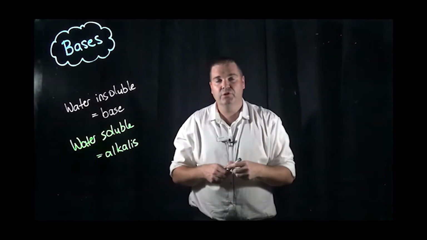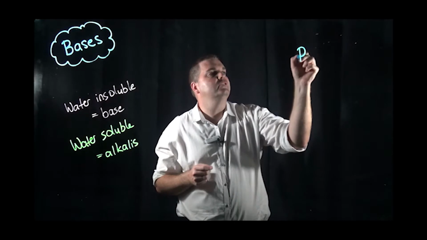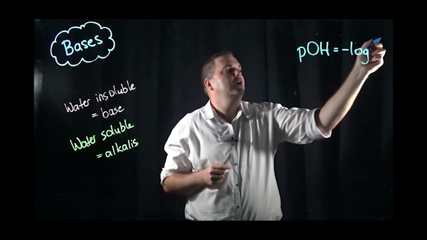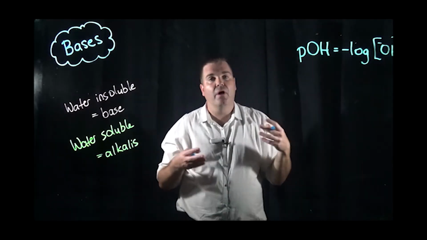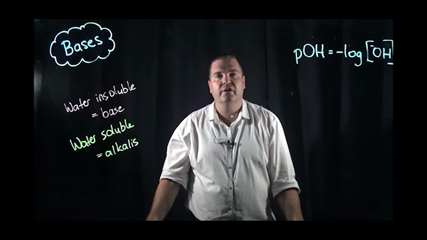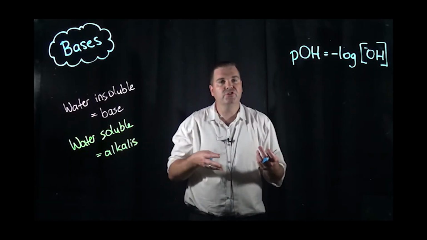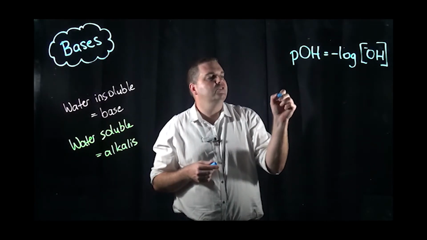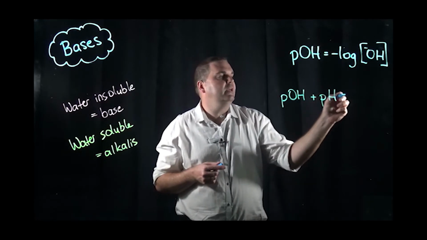The equations you want to use if you're doing pOH, using a base this time: pOH is the negative log of the concentration of your hydroxide ions. However, you might not always have the concentration of your hydroxide ions, or you might not know the pOH. There is a relationship that links these as well: pOH plus pH is equal to 14.